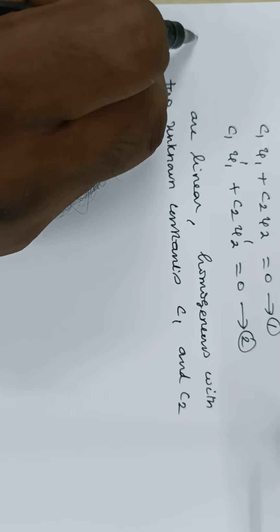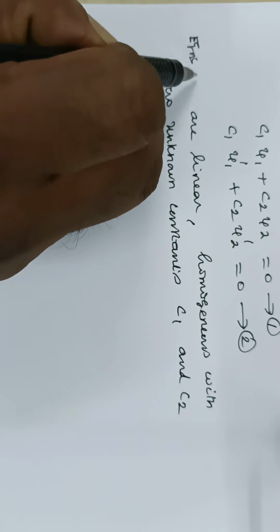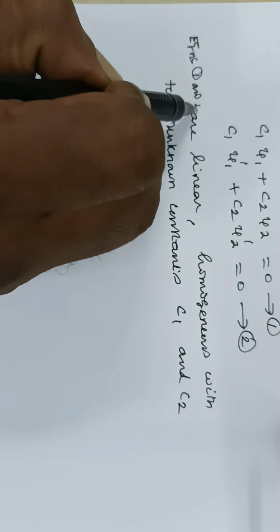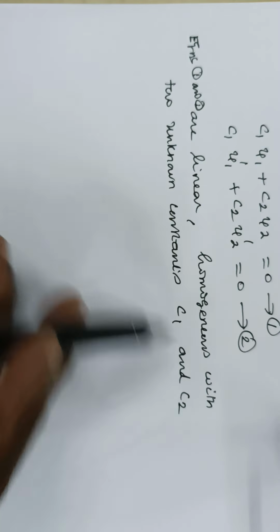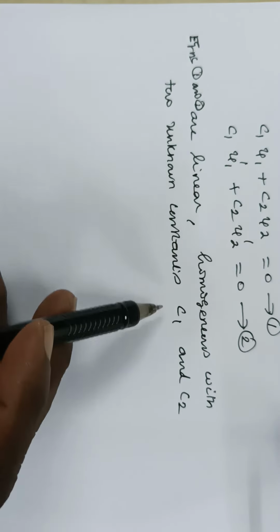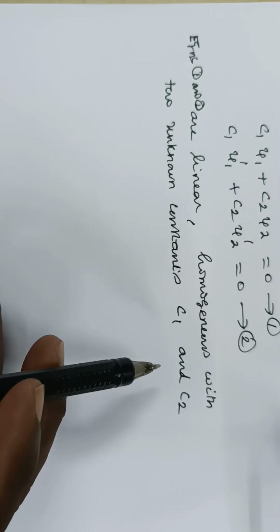Then equations 1 and 2 are linear homogeneous with two unknown constants C1 and C2.